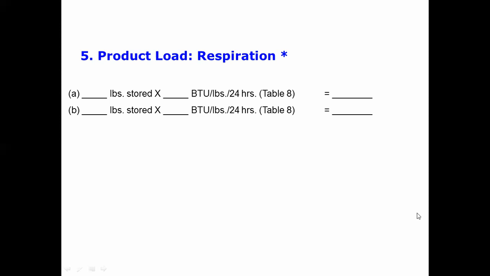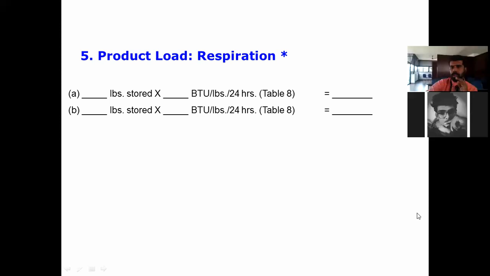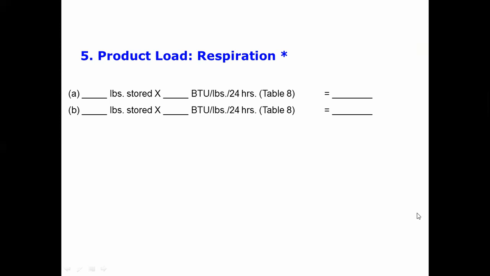So we need to take care of this respiration load only in the case of vegetables and fruits. In milk we don't want it, so you can skip this.